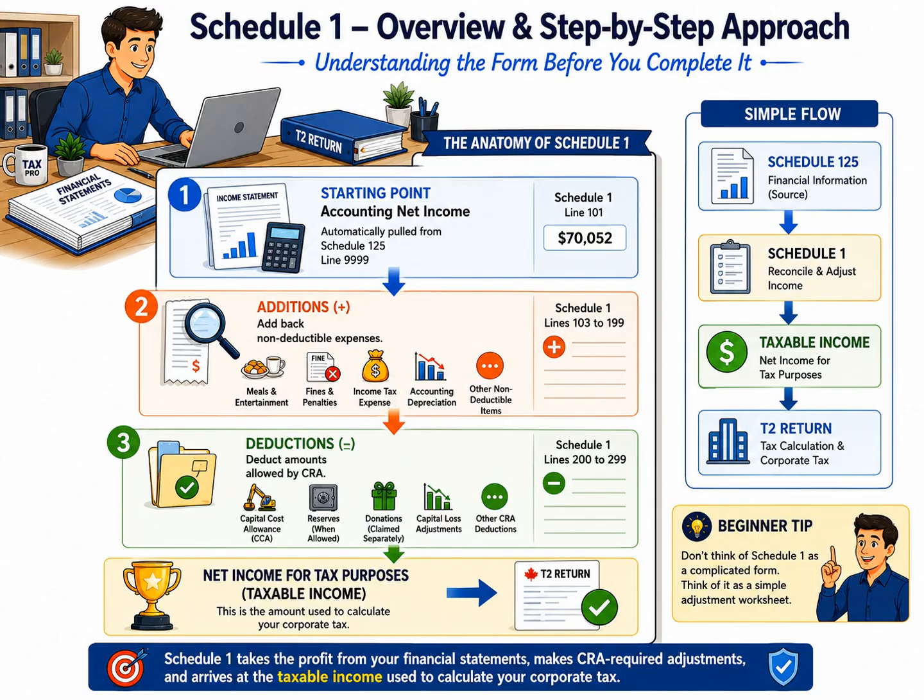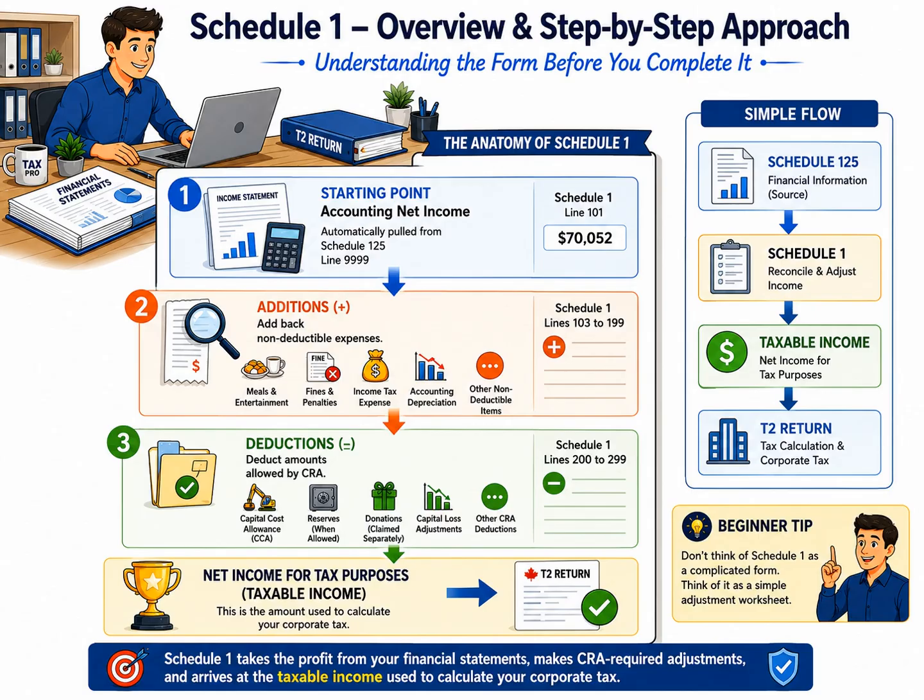If you look at the overall process, it's actually very straightforward. The information flows from Schedule 125 into Schedule 1, where the necessary tax adjustments are made, and then the final taxable income flows into the T2 corporate tax return. A helpful way to think about Schedule 1 is not as a complicated tax form, but as an adjustment worksheet.